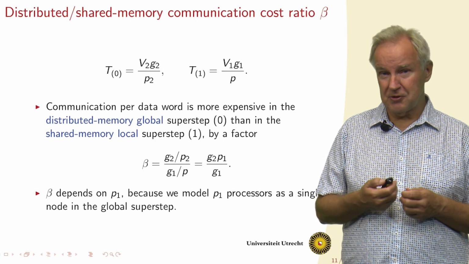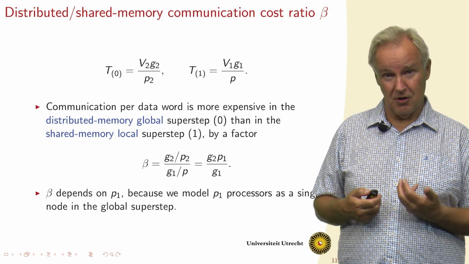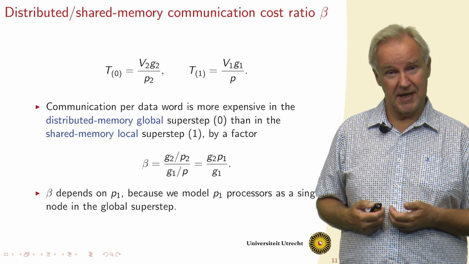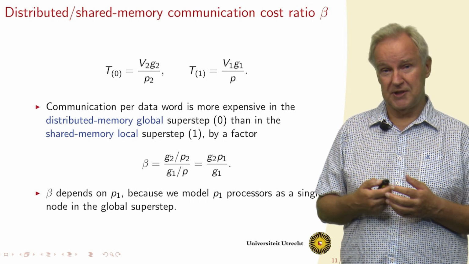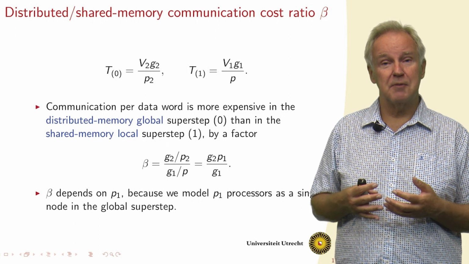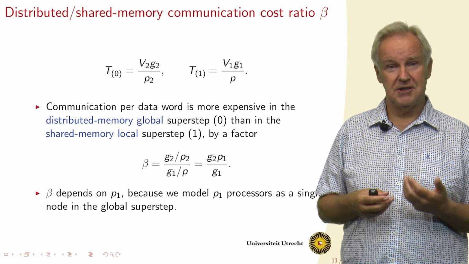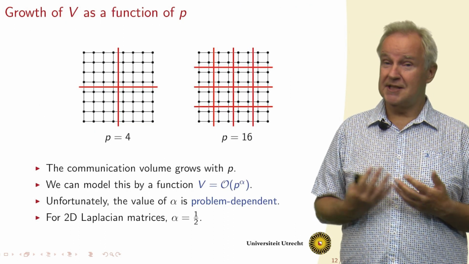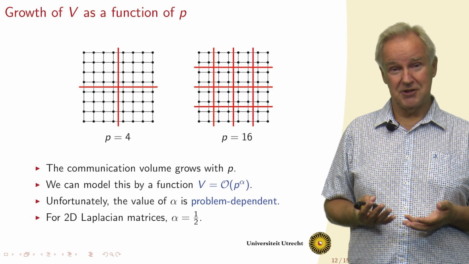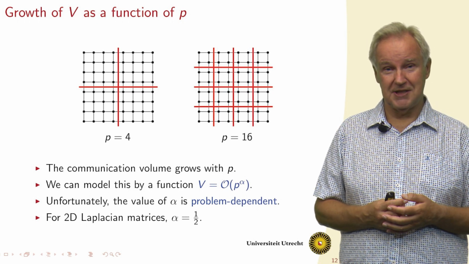Note that not only do you have the per word costs of communication, g2 divided by g1, but also in this formula we have a P1 which appears because we are modeling P1 cores together as one node. So this is really the cost difference. That's your gain if you run something and you exploit the fact that local communication is cheaper.